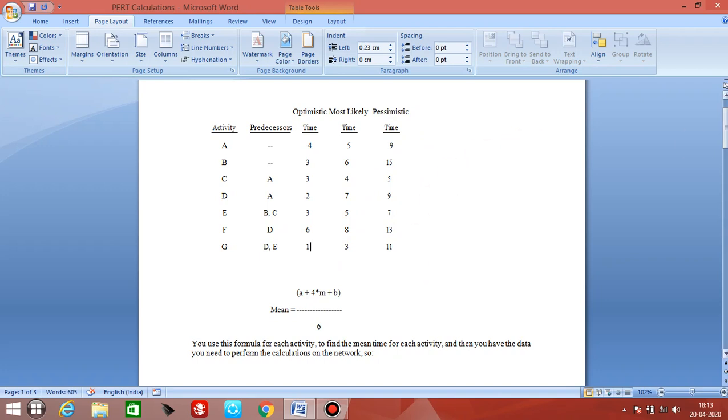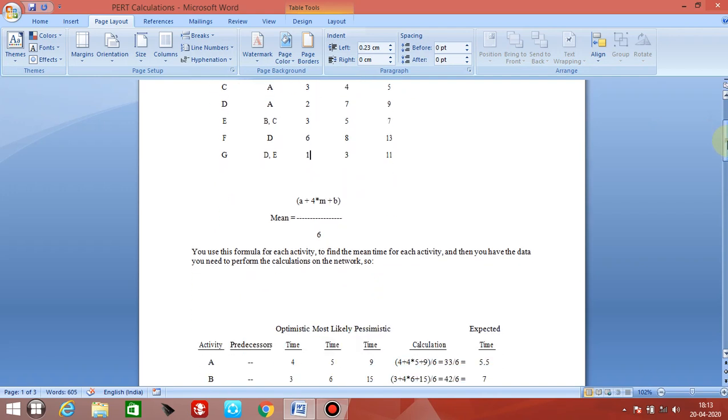As I have already told, with three time periods we cannot draw a network diagram, because in the critical path method we have only one activity time, but here we have three times. So first we have to find the mean time, that is the average time.